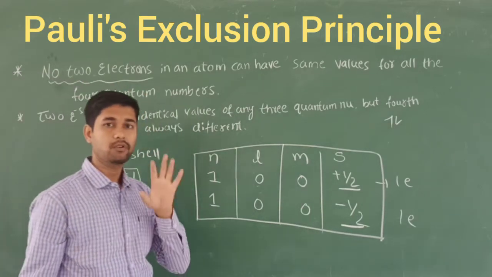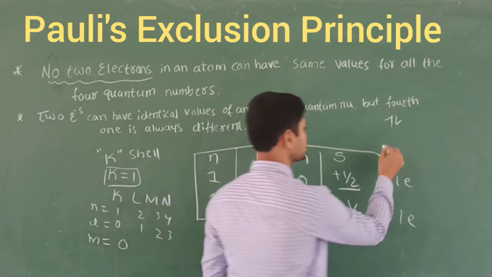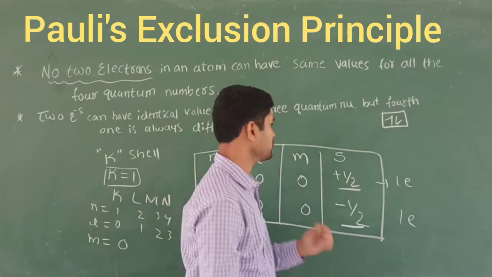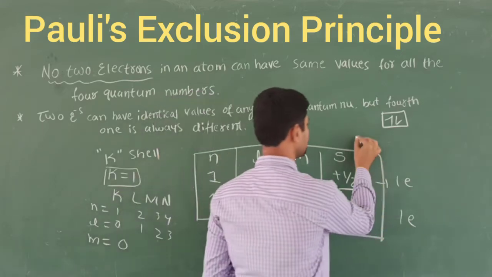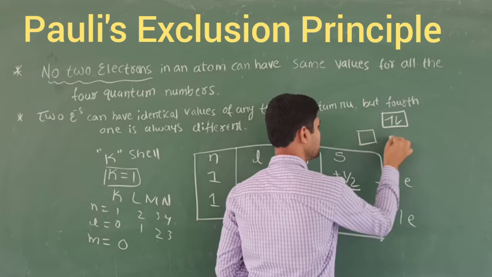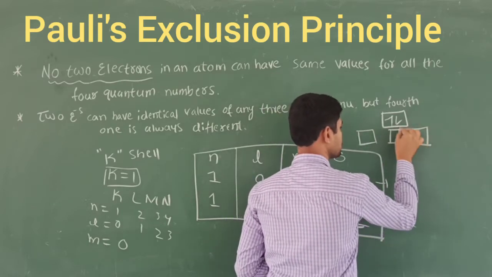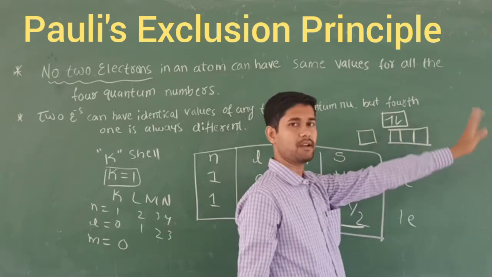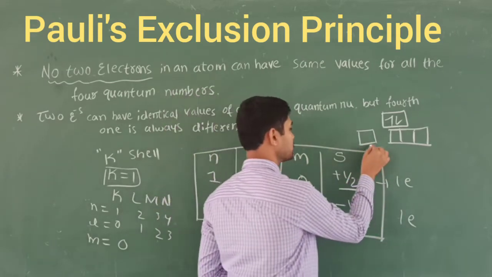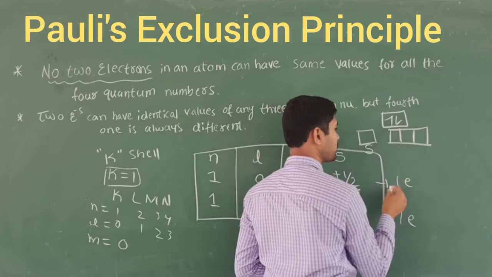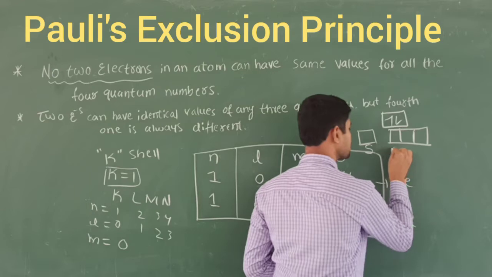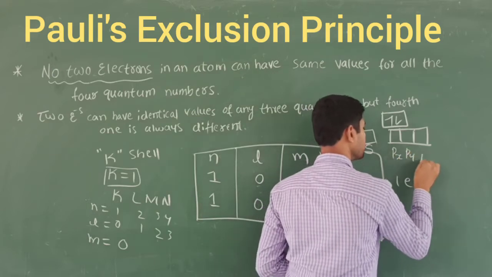That's why we write the electrons in the orbitals like this. One will be plus half, another will be minus half. If I take the orbitals, because you have studied the orbitals, right? This is the s orbital, this will be the p orbitals, like this d orbitals and f orbitals will be there. Just to clarify this, I am going to take the s orbital and the p orbitals, and the p orbitals can further be divided as px, py, pz.